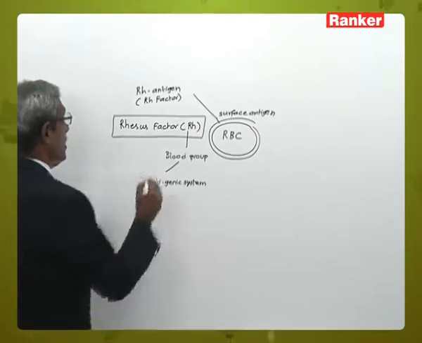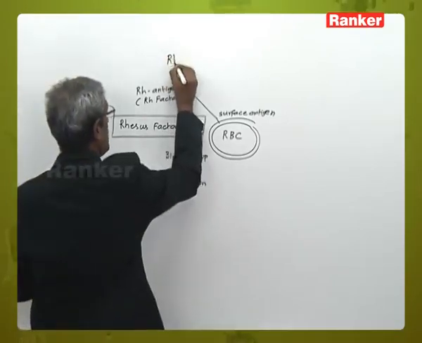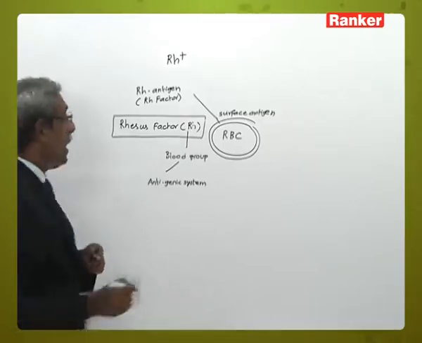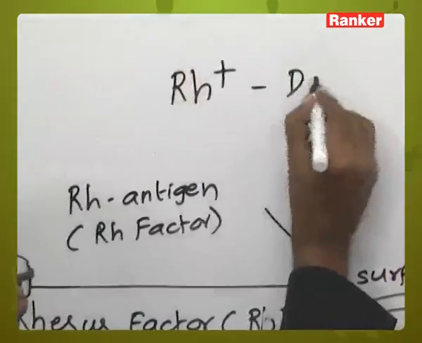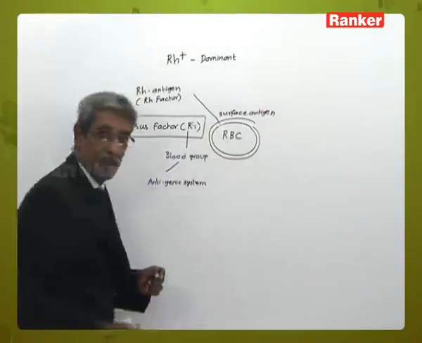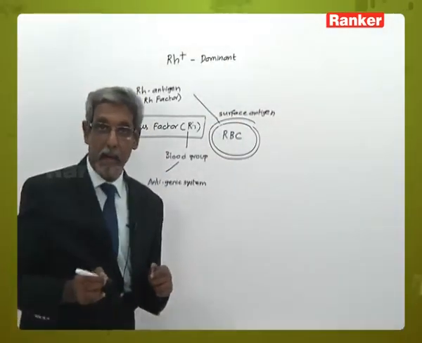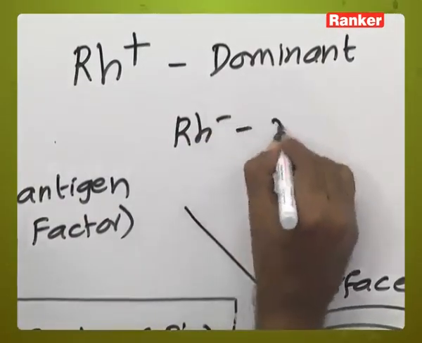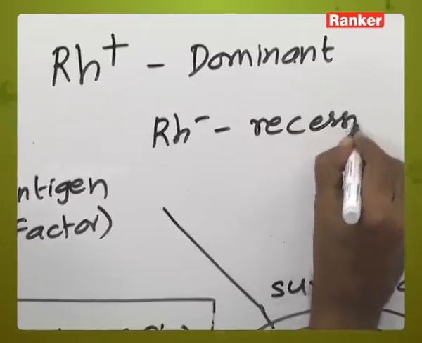The presence of RH is attributed to a single gene which is termed RH plus. RH plus indicates dominance. It is a dominant gene. And RH minus indicates that it is a recessive gene.